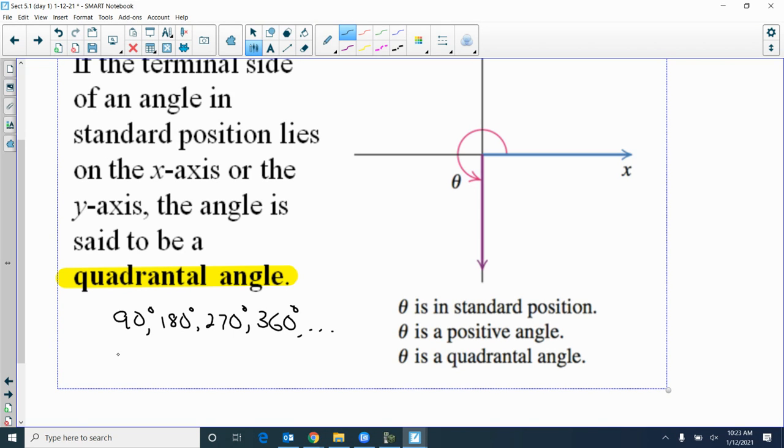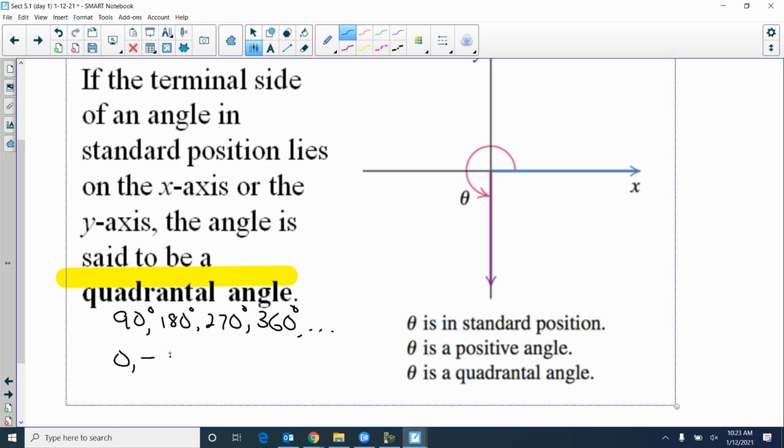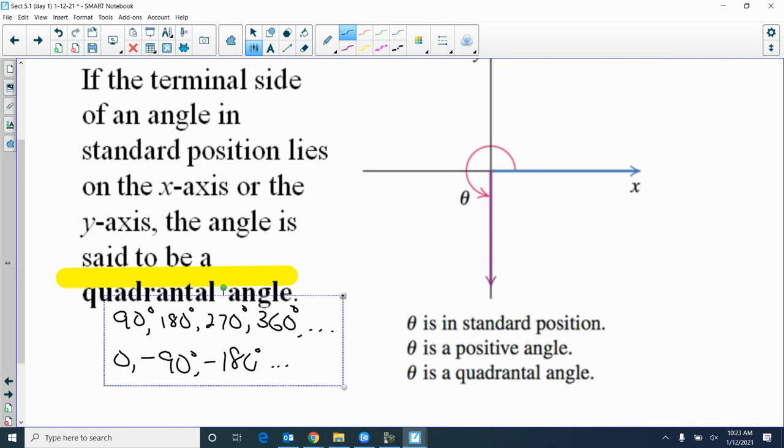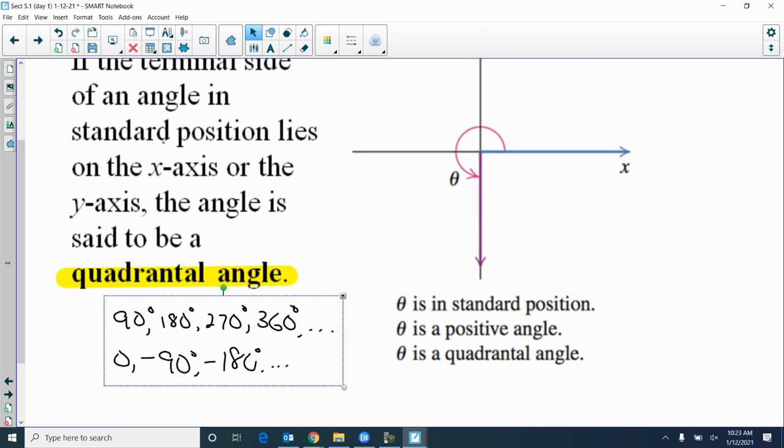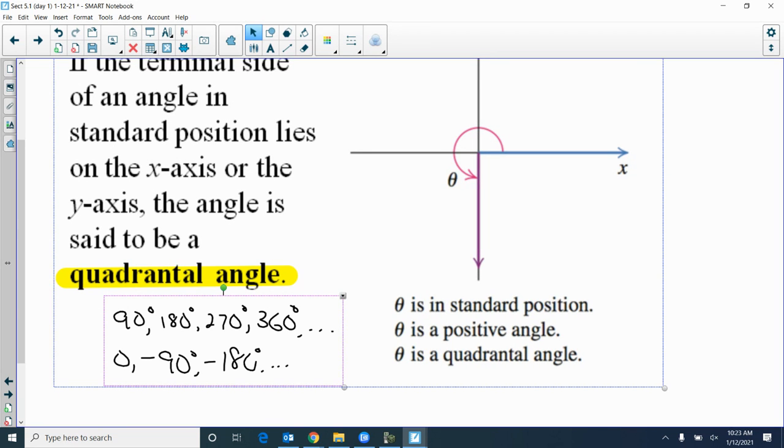So 0, negative 90, negative 180. Those are all what we say quadrantal angles. That's typically something you haven't heard of. So in that case, that angle would be 270 degrees.